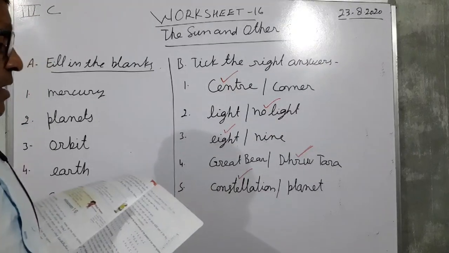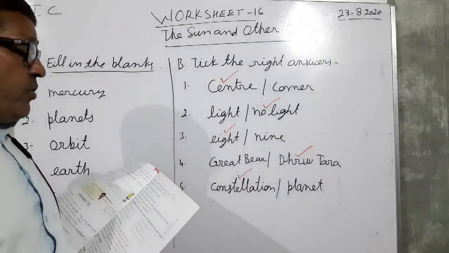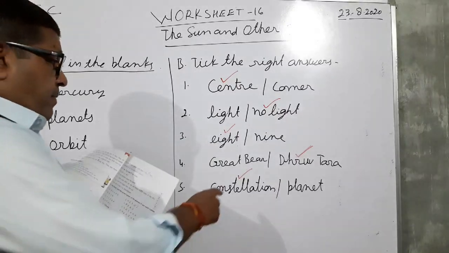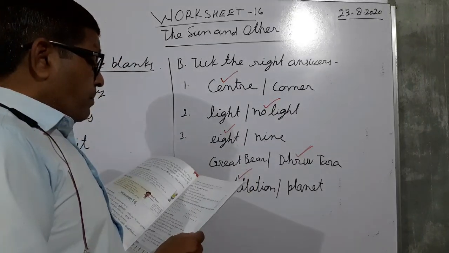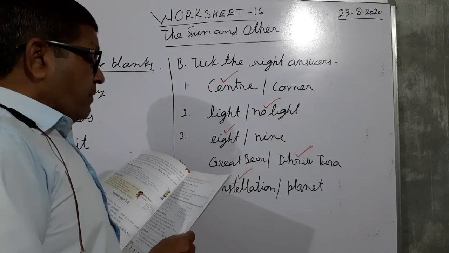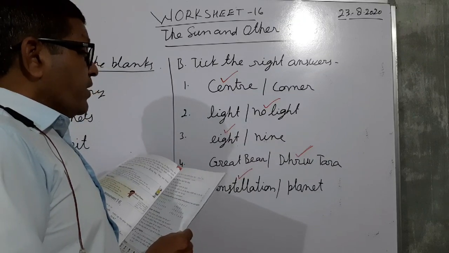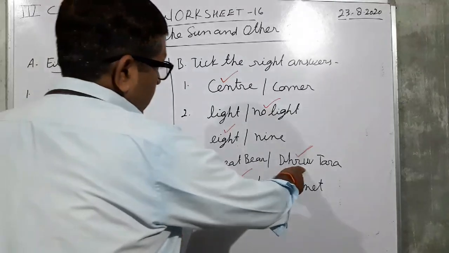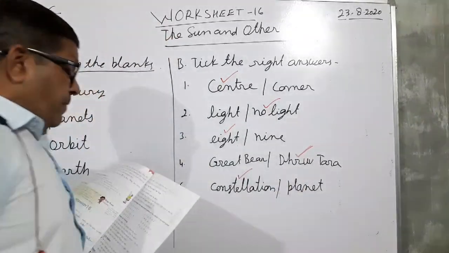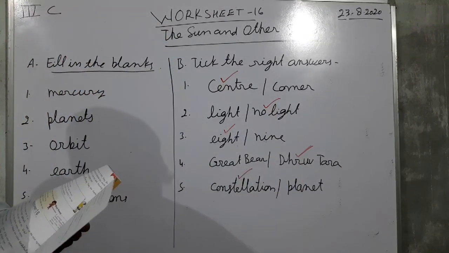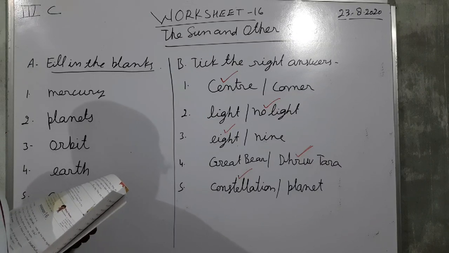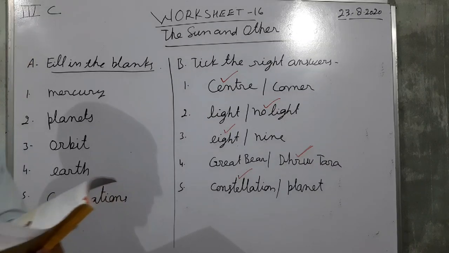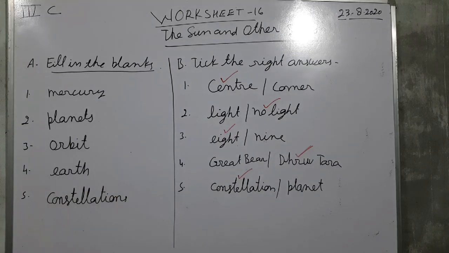And fourth, pole star is also called Great Bear or Dhruv Tara. So Dhruv Tara is the correct answer. And fifth, Saptarshi is a constellation or planet. So here constellation is the correct option.